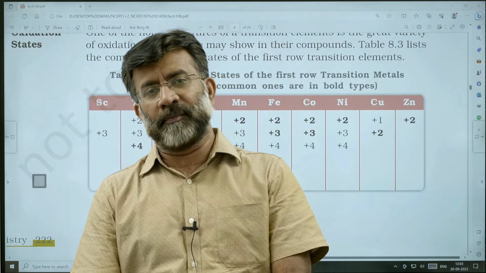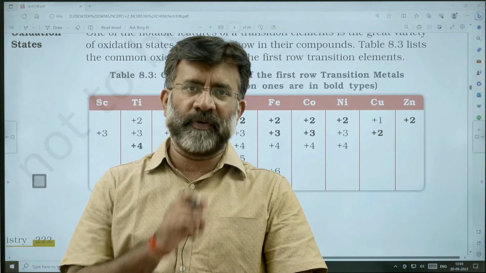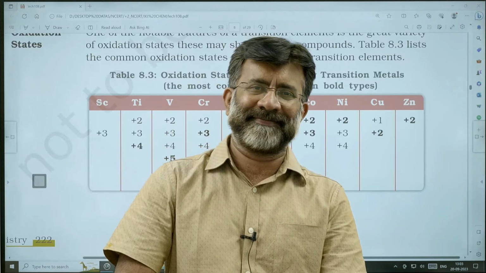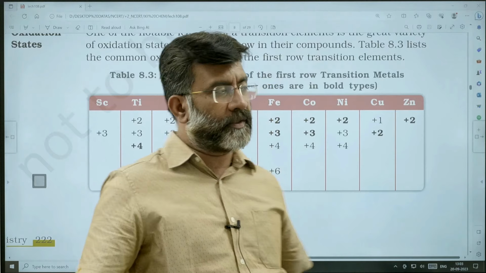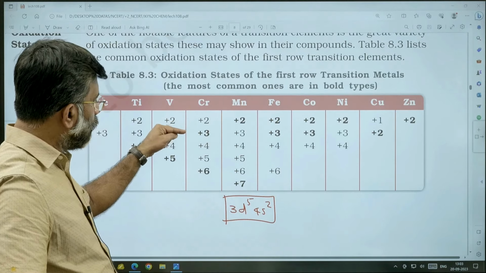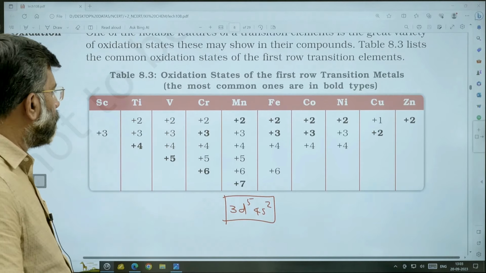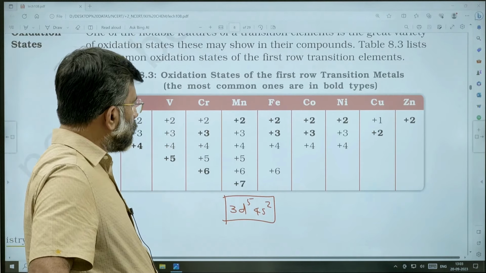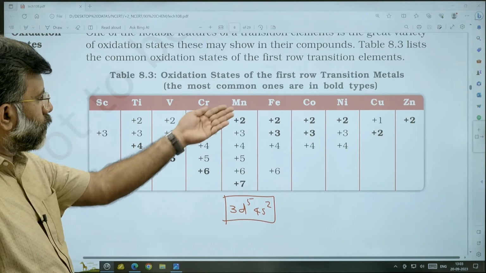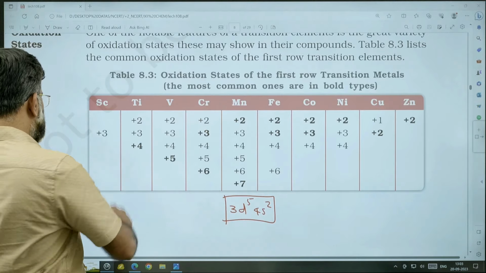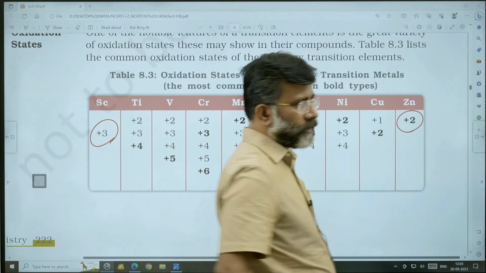Suppose we are talking about chlorine: 1, 3, 5, 7, differing by 2 units, while here the oxidation number differs by 1 unit. You see 2, 3, 4, 5, 6, 7, continuous. That is the nature. Iron 2, 3, 4, 6, cobalt 2, 3, 4, nickel 2, 3, 4, copper +1, +2, zinc only +2. So scandium and zinc show only one oxidation state.